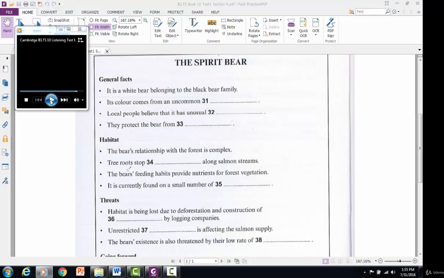You'll notice that after they did number 35, you had a small pause. It was like a 2 or 3 second pause. Okay, that's something they do in section 4, right? They go through from question 31 to 40, but very often, not all the time, they'll do like the first 5 questions, or 4 questions, or 6 questions. Then you'll hear a small little pause.